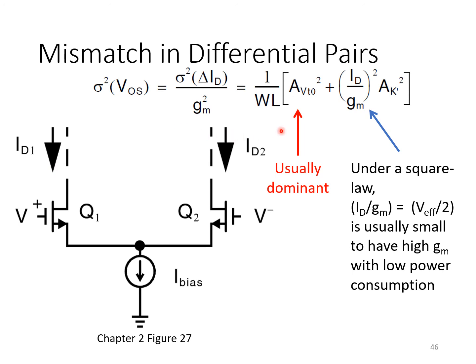Again, there's benefit in using very large transistors with a large area, W times L. And we find, especially in the typical scenario where we've biased the input pair transistors of the op amp with relatively low V effective to get the most transconductance for a given bias current, that we will expect the threshold voltage mismatch of the transistors Q1 and Q2 to be dominant. In fact, it's the input pair transistor mismatch that will often dominate the overall offset of our op amp.